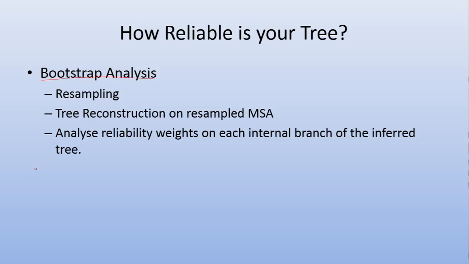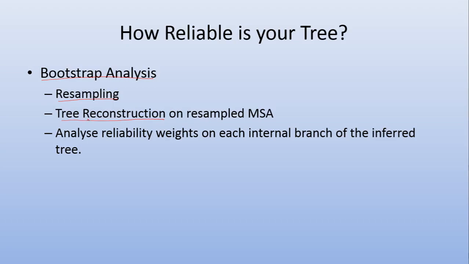The main procedure in bootstrap analysis is that you first resample your multiple sequence alignment, and for each resampled data set you construct a separate tree, so you end up with multiple trees.